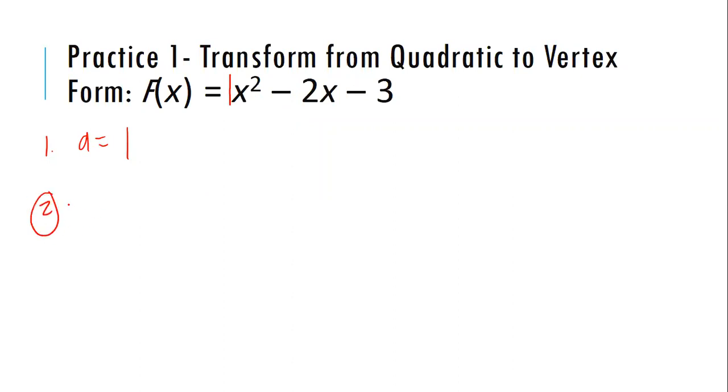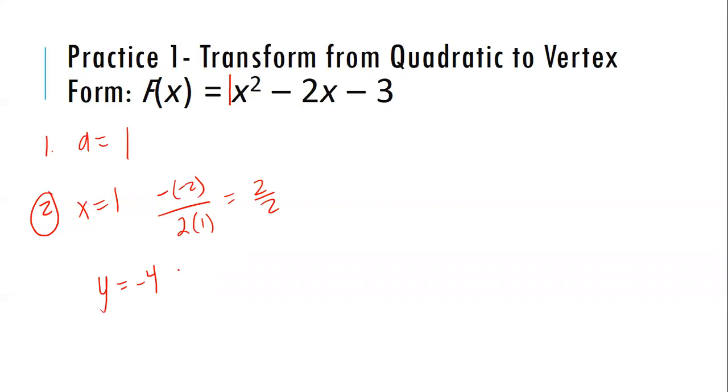Part 2, on your vertex, your x should have equaled 1. And that's because you had negative negative 2 divided by 2 times 1 gives you 2 over 2. And then your y should have equaled negative 4.